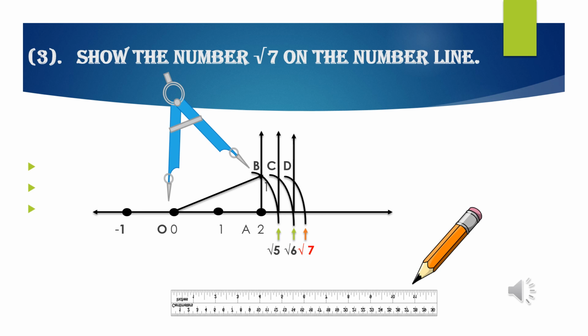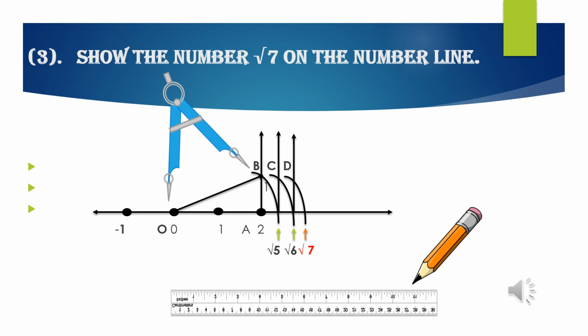Now we'll take compass and take a span of OB and make an arc which intersects our line, and we'll mark that point as root 5. Again draw a perpendicular line and take a unit distance and mark the point C. Again we will take a span of OC, we'll mark the arc which will cut the line and we'll mark it as root 6.